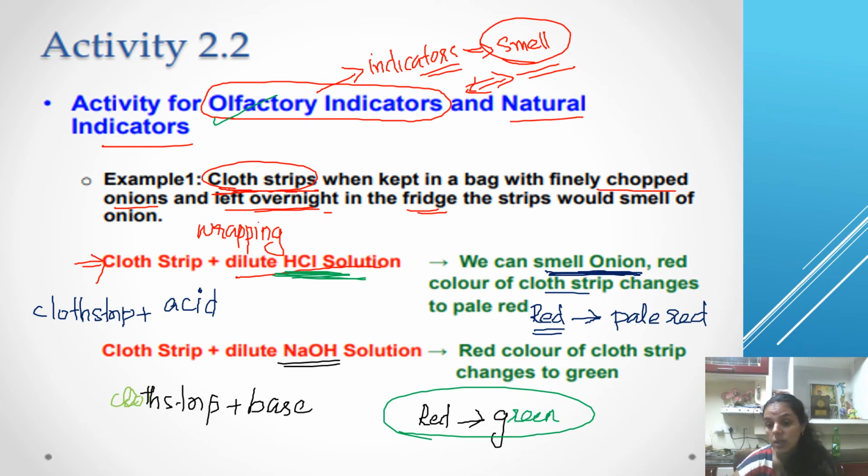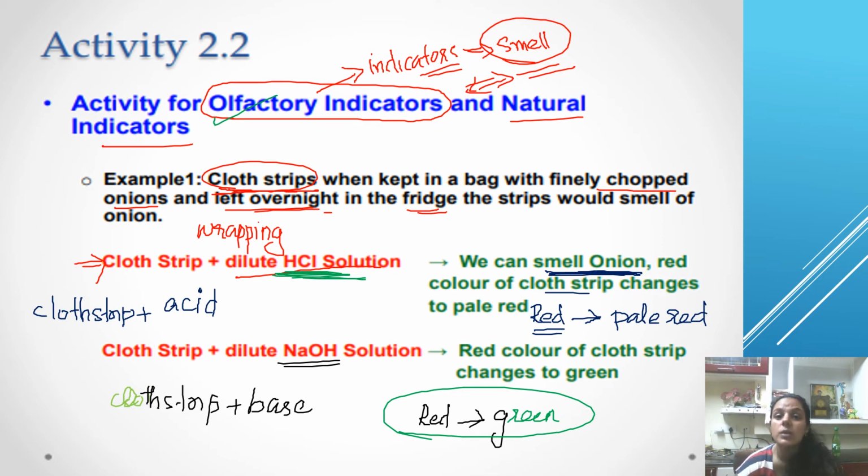We wrapped this onion and kept it in the fridge overnight, and obviously the next morning, when we take this cloth strip, it smells of onion. Then I add some dilute hydrochloric acid, or any acid, and the red color of the cloth strip changes to pale red or pink. And if I add dilute sodium hydroxide, or a basic solution, to the cloth strip, the red color of the cloth strip changes to green.